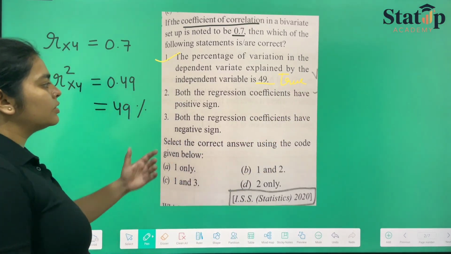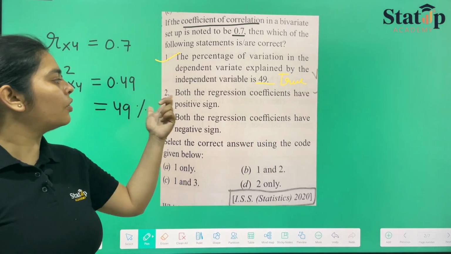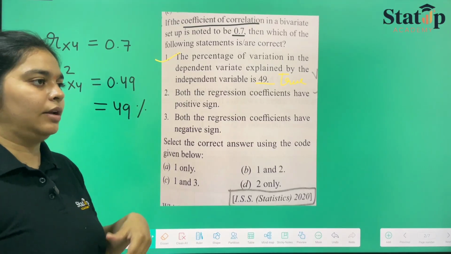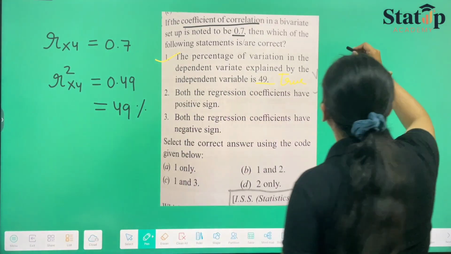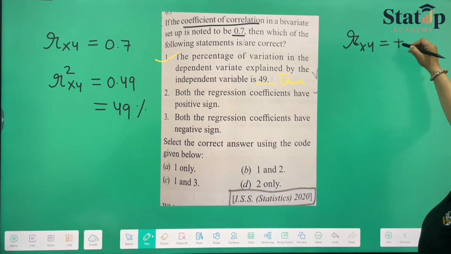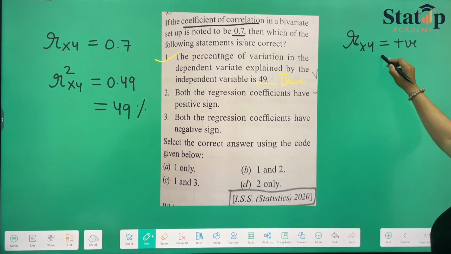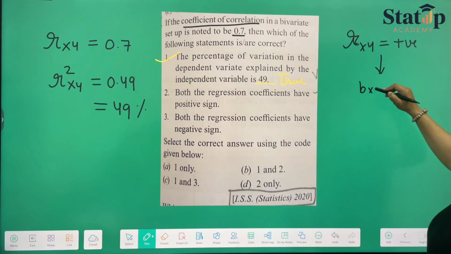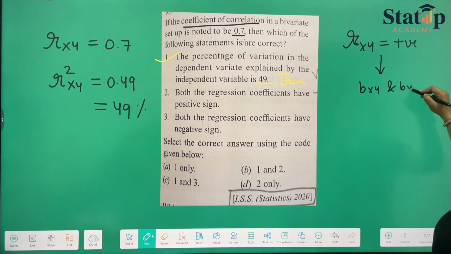Okay. Then the second is both the regression coefficients have positive sign. Now, if we have been given a correlation coefficient rxy as a positive number, then we conclude that bxy and byx are also positive.